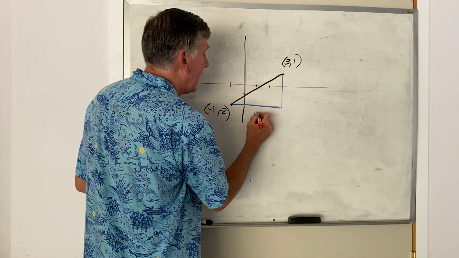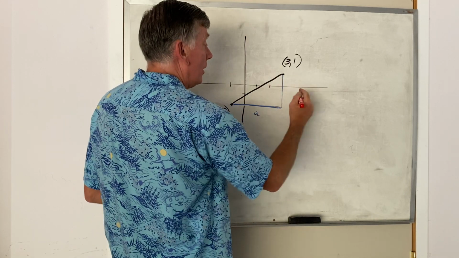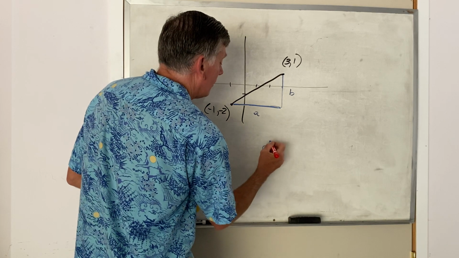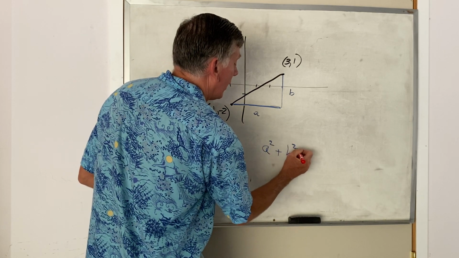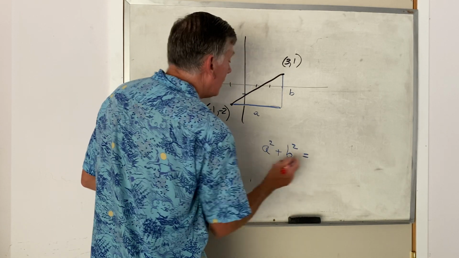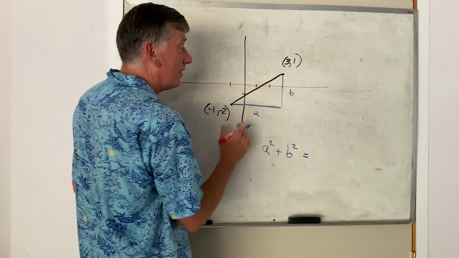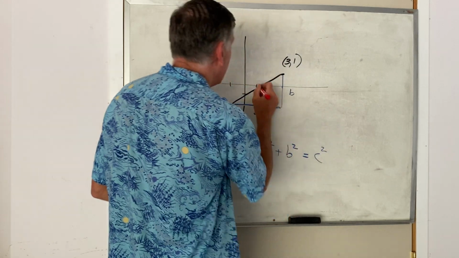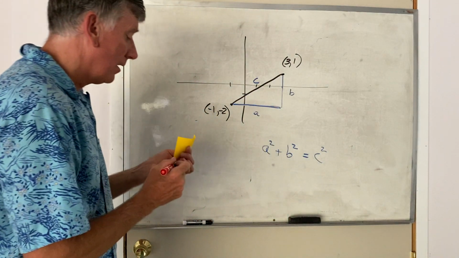Let's call it A. And this number here, this height here, B, if I take A squared and B squared, that's going to equal the length of this, what's called the hypotenuse, C squared. I'll call that C, which is my distance.